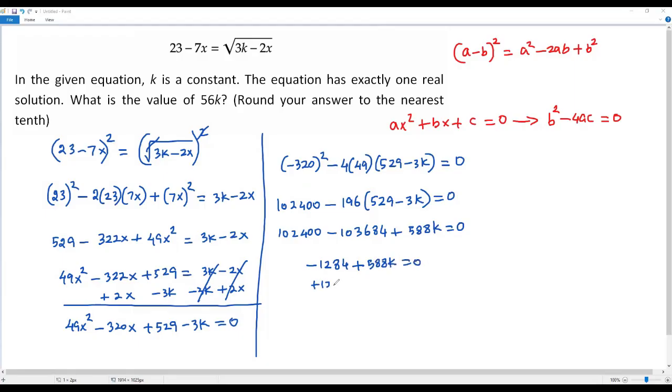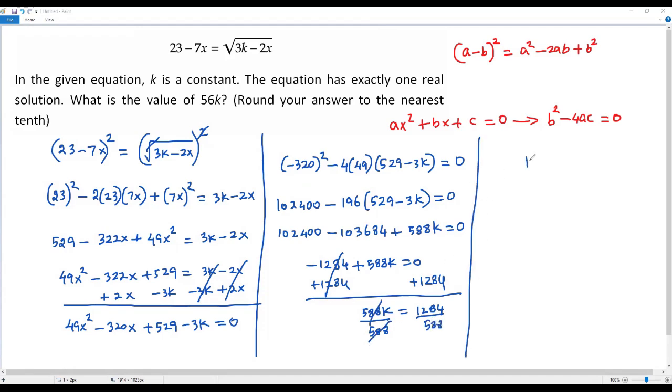Now let me add 1284 to both sides of this equation. Then the negative and positive values cancel out. I am getting 588k equals 1284 on the right side. Let me divide both sides of this equation by 588. On the left side, the 588 will cancel out.